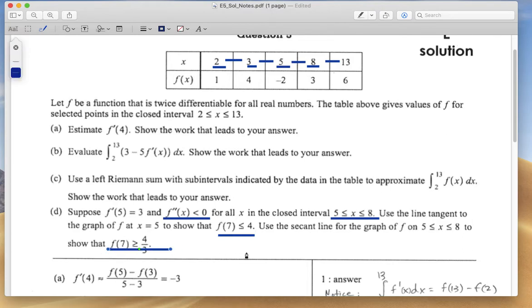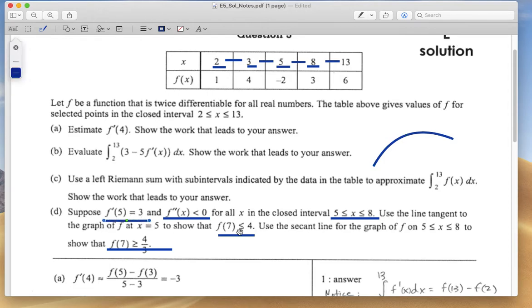Okay, so something about f of 7, and we have an interval. So I'm going to draw a quick picture here of what I think is going on, and then underneath I've got a more refined picture. But I'm going to start with the idea that f has got to be concave down because f double prime is negative. So between 5 and 8, it's concave down. F is concave down.